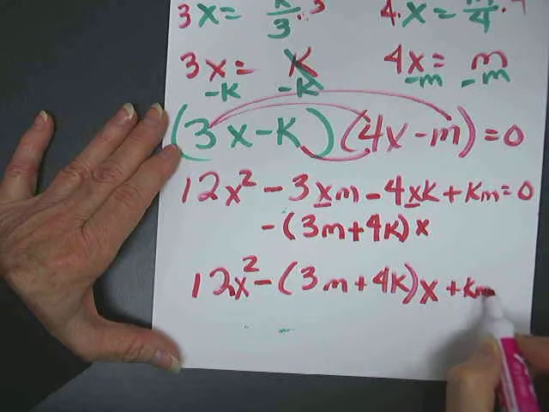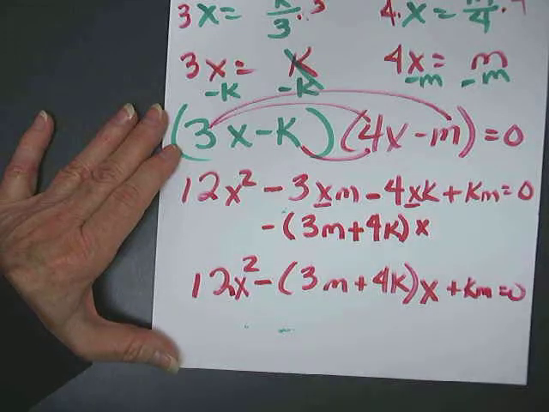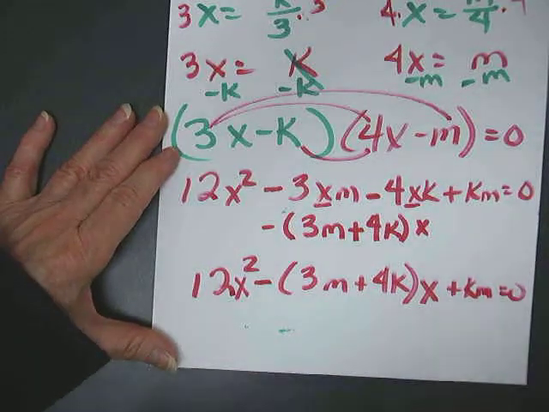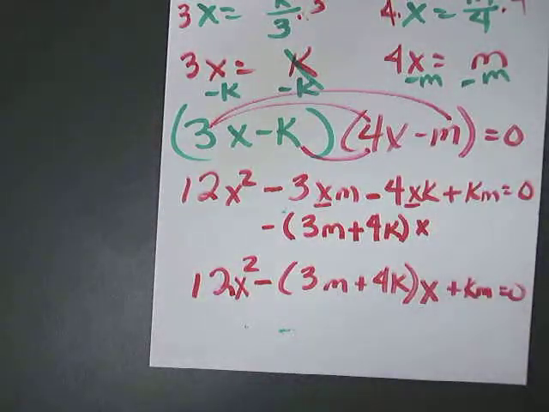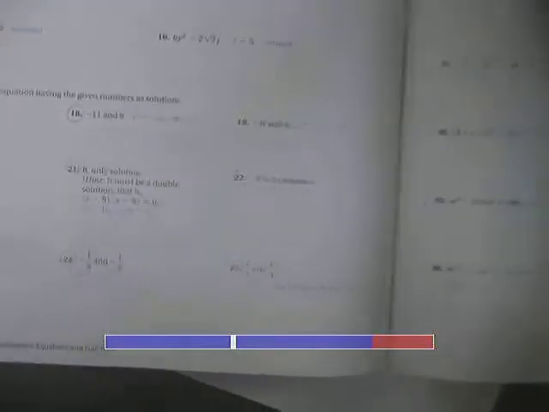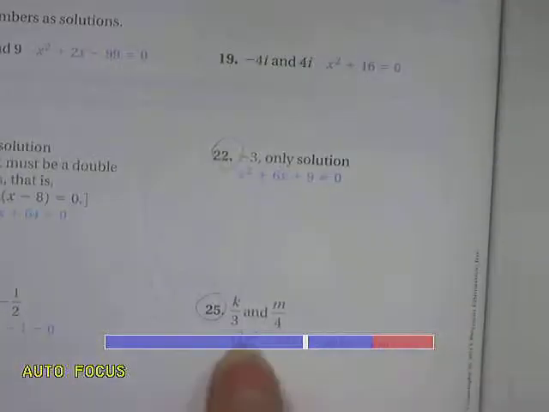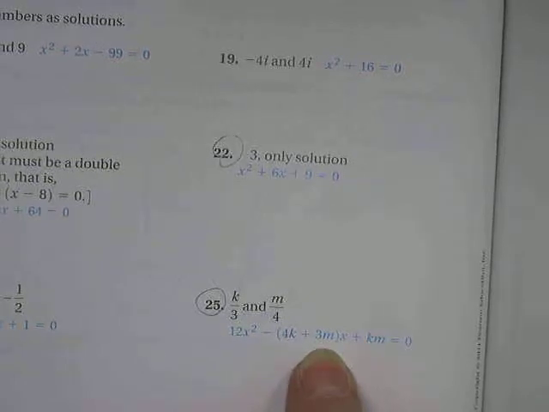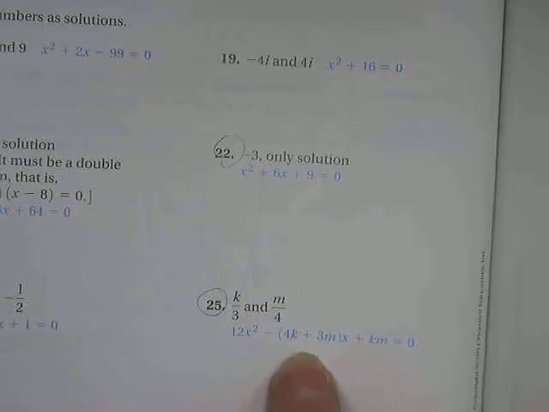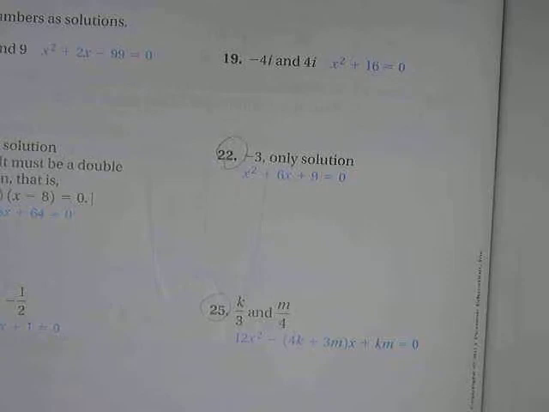Now if we put plus here, that'll still be negative 4, right? Okay. And negative 4, what else do we need here? K. Right, okay. So this is 12x squared minus this x plus km equals 0.